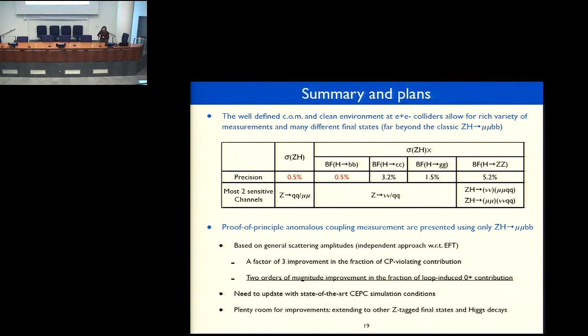In fact, the QQs and the missing ETs, they are the drivers of the sensitivity now. I briefly introduced you to proof of principle measurements for the anomalous couplings, and I will be very happy to update this into realistic simulations and see more properly what kind of analysis we could do. All right, so thanks.